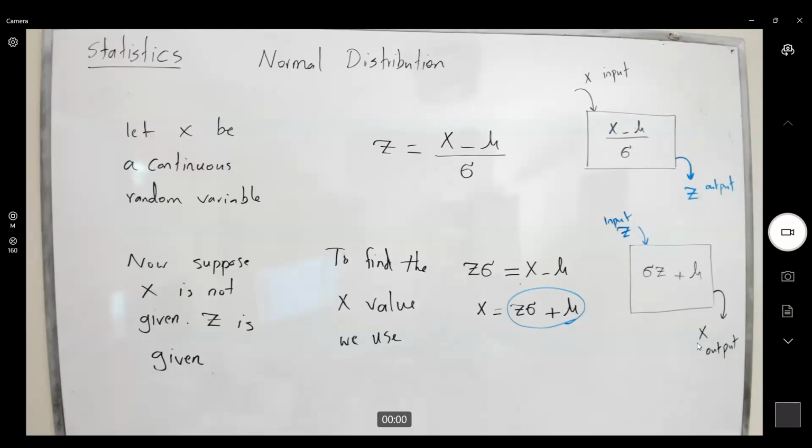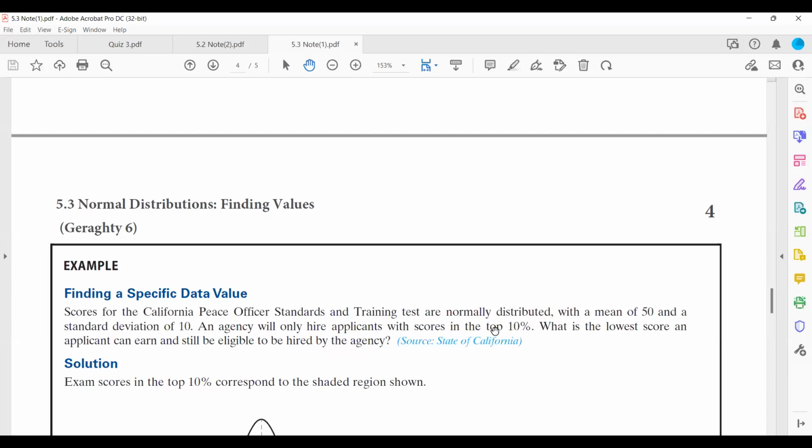But here we don't have the value for Z. What do we have? We have the top 10%. The question is, how can I use this probability, 10%, and find the Z associated to that 10%? So let me go to the board and explain that for you.